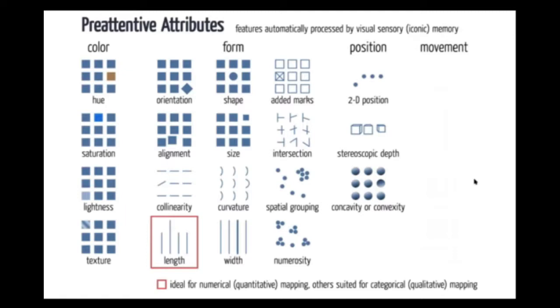Immediately you realize, oh, that's how we use a bar chart. 2D position, this is like a scatter plot, and size. These are the 3 that are really great for quantitative mapping, and the rest of these you should consider as things for showing categories.